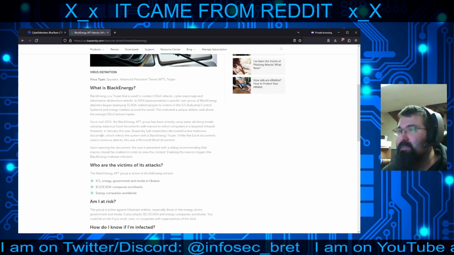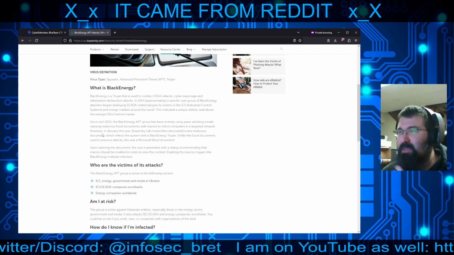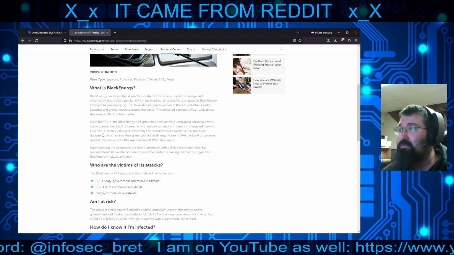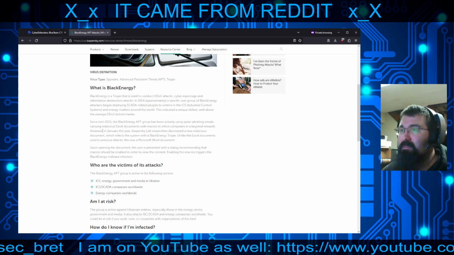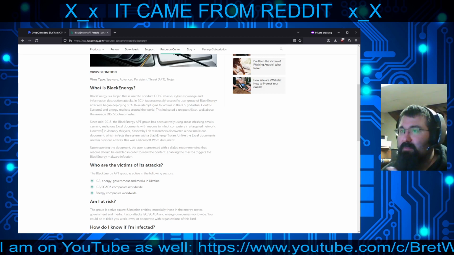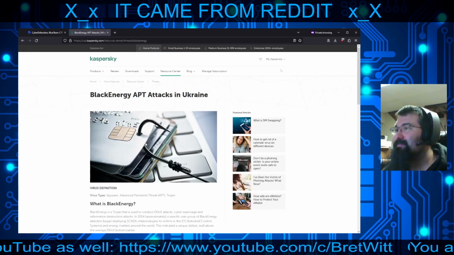APT group is... Well, I'm not entirely sure we're talking about the APT group. I'm pretty sure it's supposed to be the actual malware itself, although maybe the malware itself and the APT group are the same. Spear phishing, malicious Excel documents with macros, and so on. January of this year, which would have been what year?